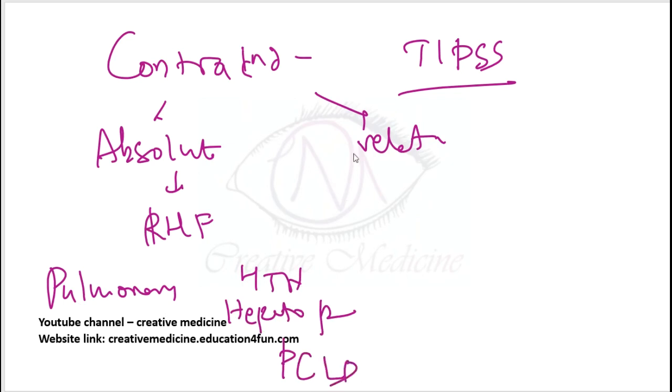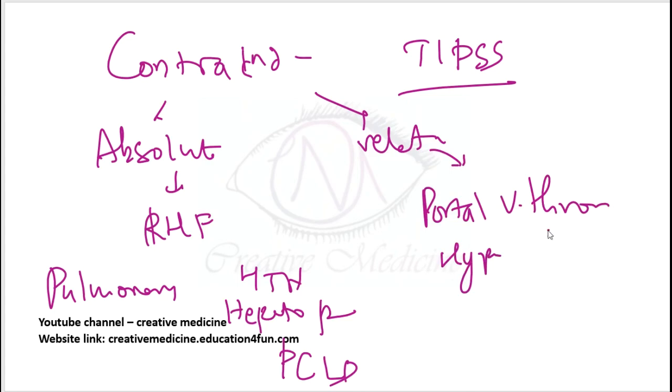Polycystic liver disease is also an absolute contraindication. Relative contraindications are the presence of portal vein thrombosis, hypervascular liver tumors, and encephalopathy.